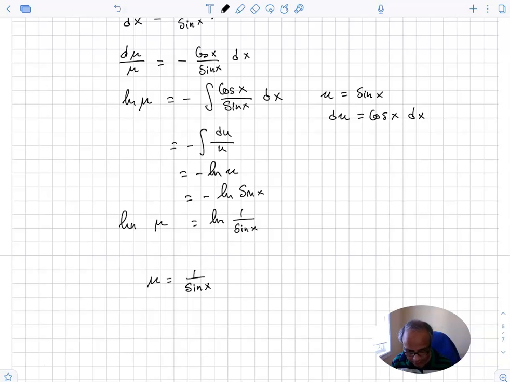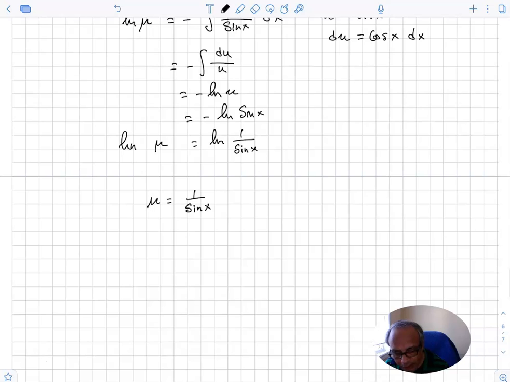So what's next? You write down your differential equation, which is cos of x dx plus 1 plus 2 over y times sine x dy equals 0.